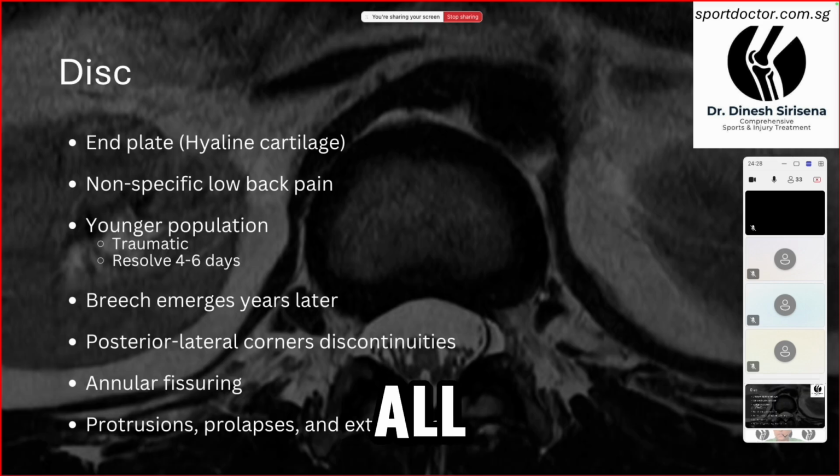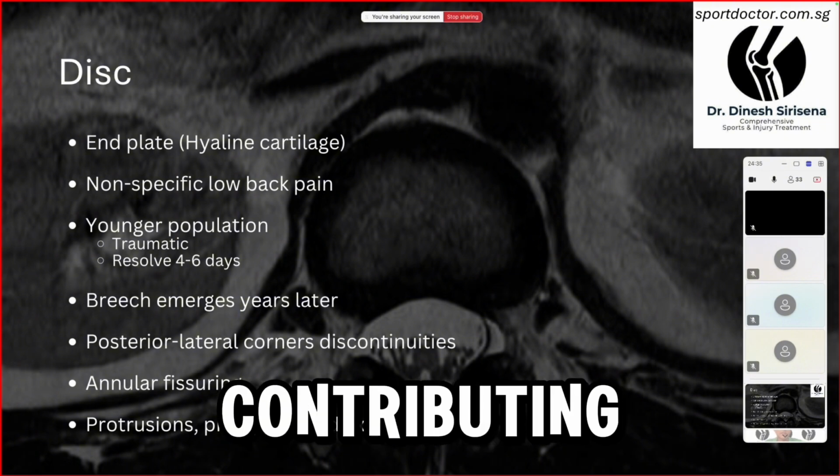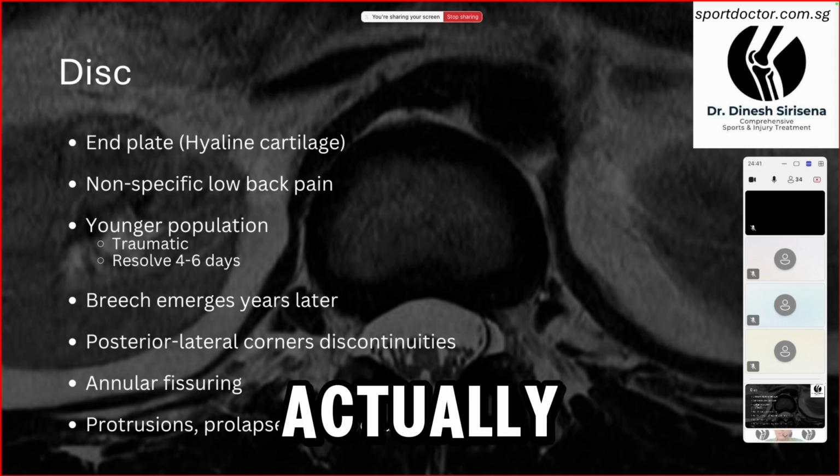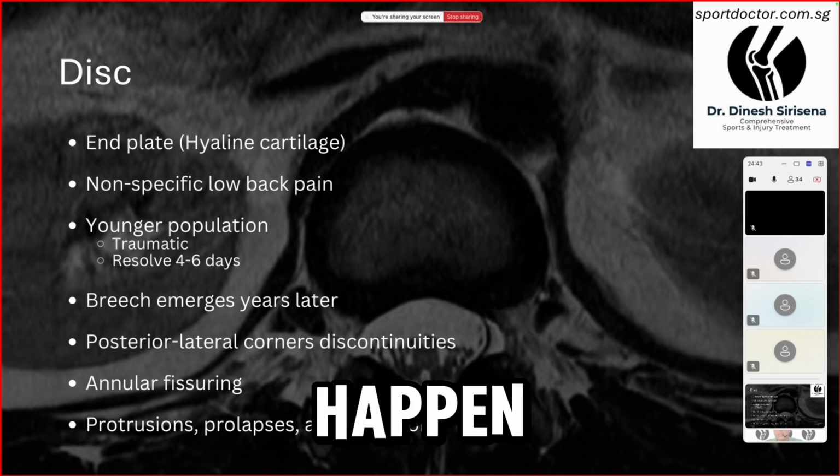But let's start first of all with the disc. As we know, there's hyaline cartilage there. It can be a significant contributing factor for low back pain. If you look at some of the work out there, actually, it does tend to happen at a much younger age than we believe.